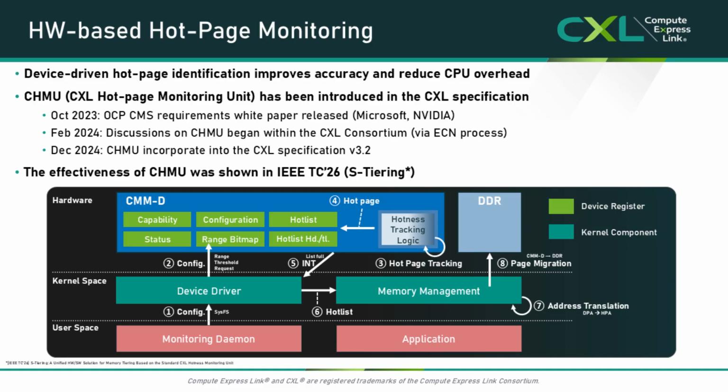The effectiveness of CHMU was validated in our previous work, and the results were published in IEEE Transactions on Computers under the title Steering. I will explain this in more detail in the next slide.